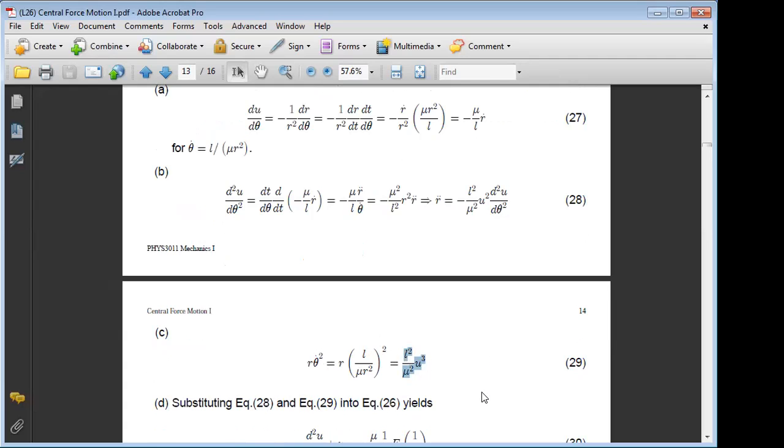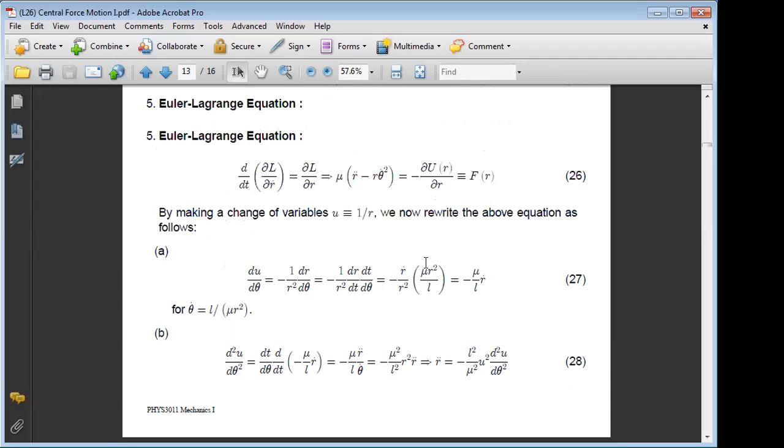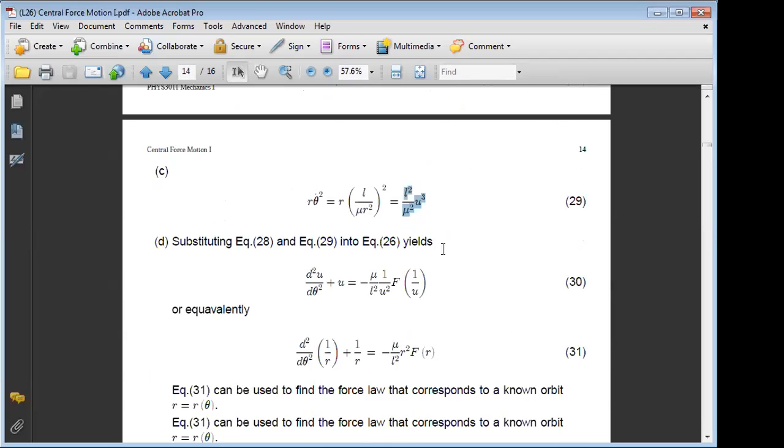Then we substitute equations 28 and 29 into equation 26. What do we get? We get a very nice expression.